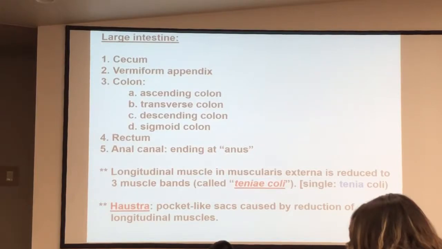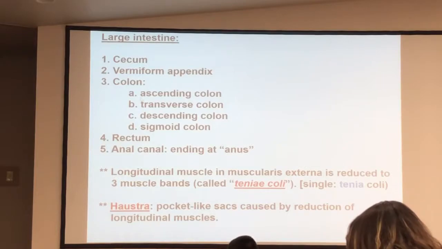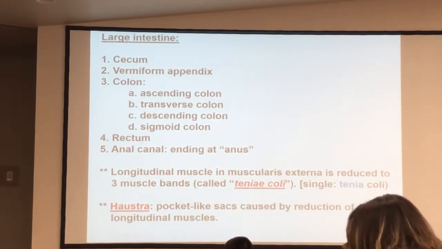Now quickly move to the large intestine. The first part is called cecum, in humans only 1 inch. And the dead end we call the vermiform appendix, or just appendix. It's also lymphoid tissue. And the colon has 4 parts: ascending, transverse, descending, sigmoid, and then rectum, and the anus, where the epithelial cells change to stratified squamous.